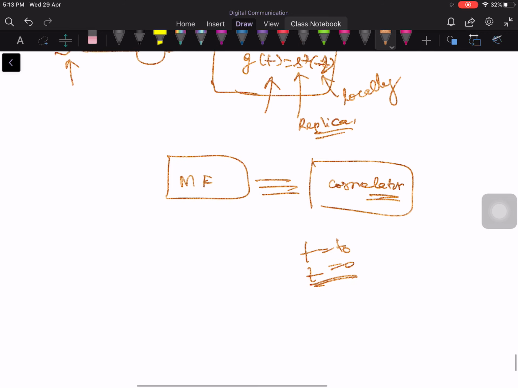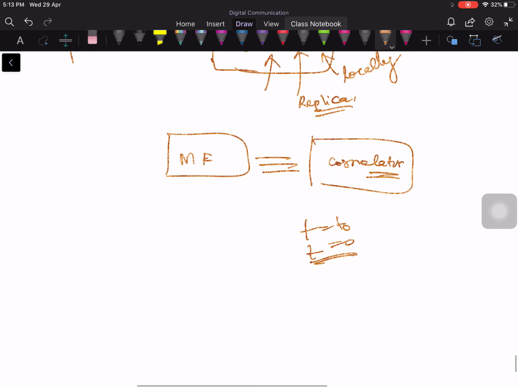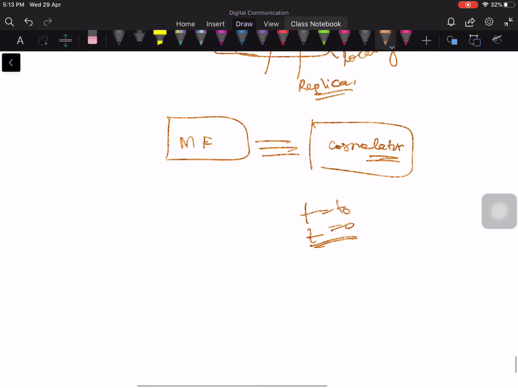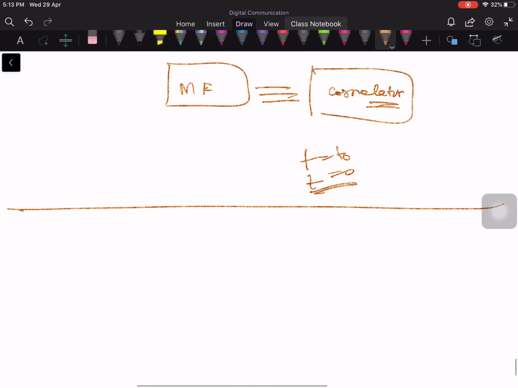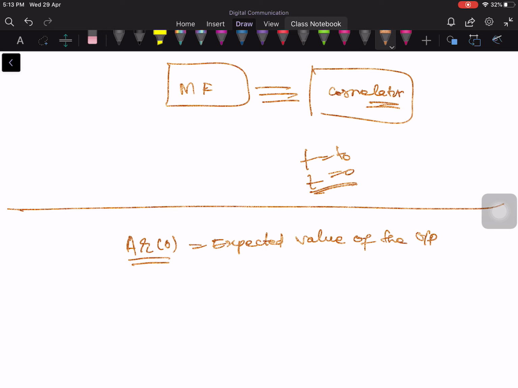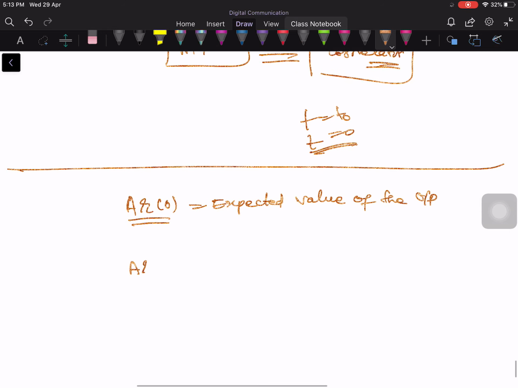So the matched filter can be viewed as correlation between the received signal and the pulse s of t. Okay, and the next remark is, let us talk about A times R of t. What is this? This is the expected value of the output. What is the expected value of the output? This I already derived, so directly I can write down this expression.